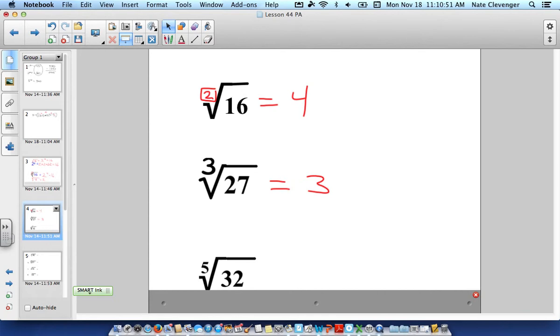While he's working on that, one of the things you can do is just think, what's 3 to the 3rd power from the previous problem? 3 to the 3rd is 27. So if I went 3 to the 4th, that's obviously going to be bigger than 32, isn't it? So 3 to the 5th is even way bigger.